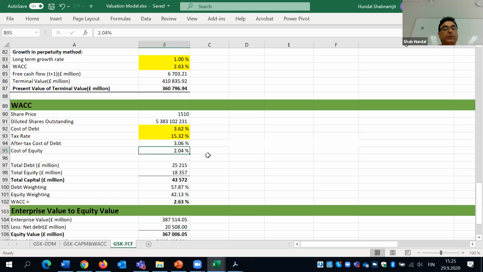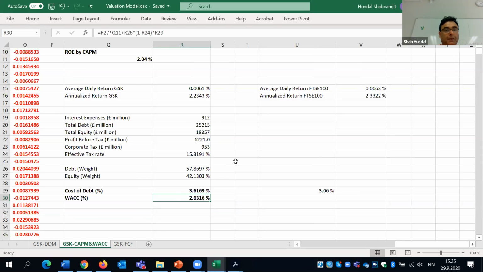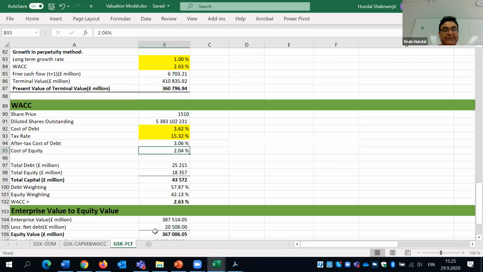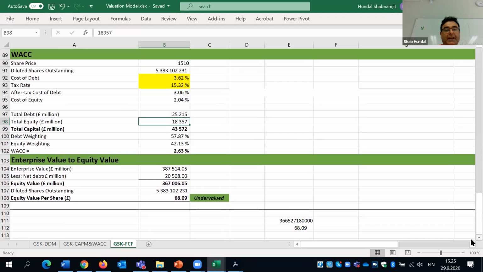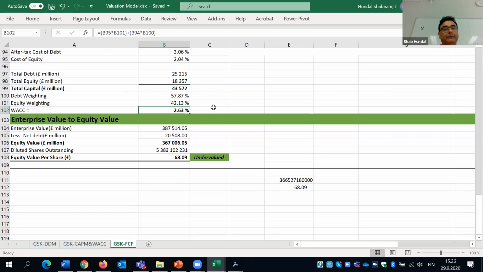So 2.04, remember 2.04? 2.04 is this one, which was our CAPM rate of return. All these numbers have some reasoning. The debt is this much, equity is this much, and we end up calculating 2.63, which is the same weighted average cost of capital. Then, very importantly, we calculate the enterprise value, which is equal to B87 and B79.